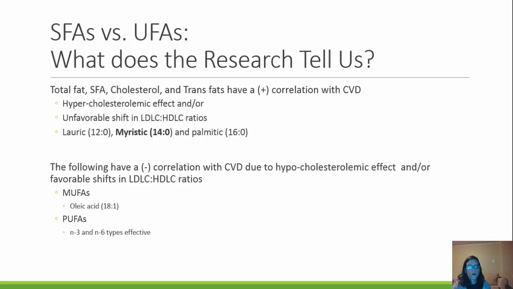Okay, so I think we're all pretty familiar with the benefits of saturated versus unsaturated fatty acids, but let's review them quickly. We know that total fat, saturated fat, cholesterol, and trans fats are positively correlated with cardiovascular disease because they either have a hypercholesterolemic effect or they shift our low density lipoprotein to high density lipoprotein ratios unfavorably.